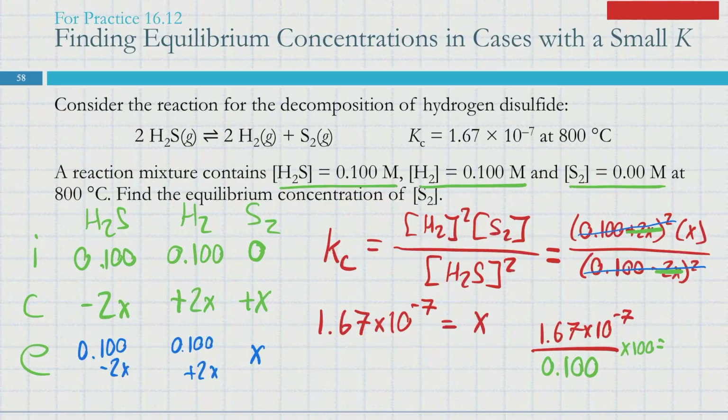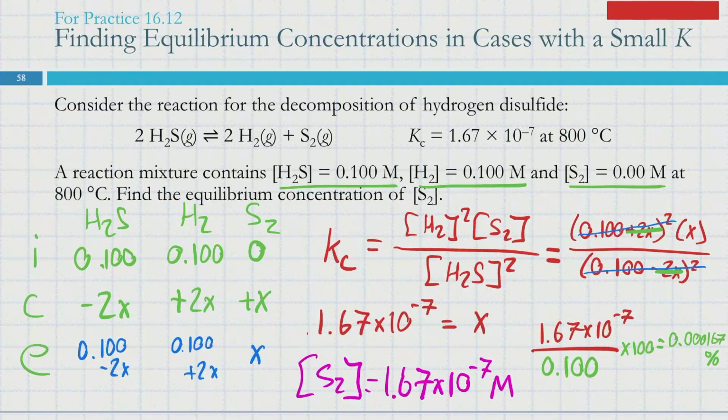And we'll end up with a nice small number, 0.000167%, much less than 5%. So our x is small approximation is good here. So our equilibrium concentration of S2 should be right around 1.67 times 10 to the -7 molar.